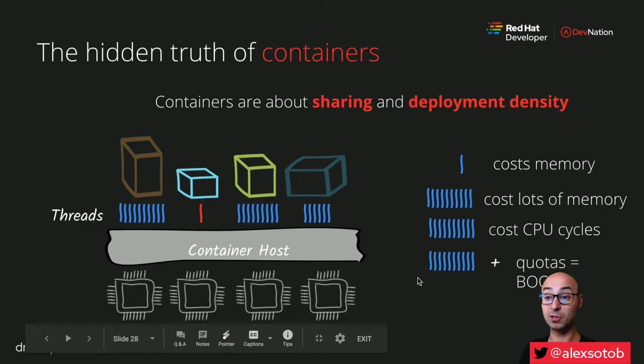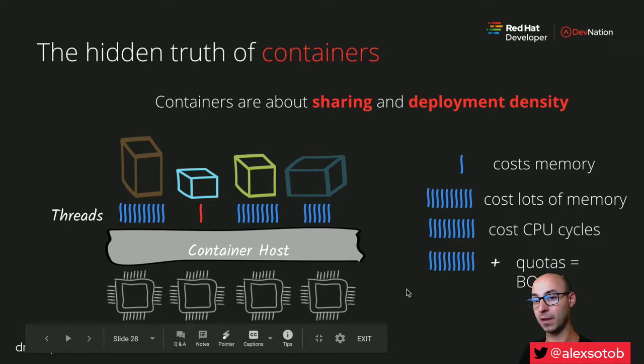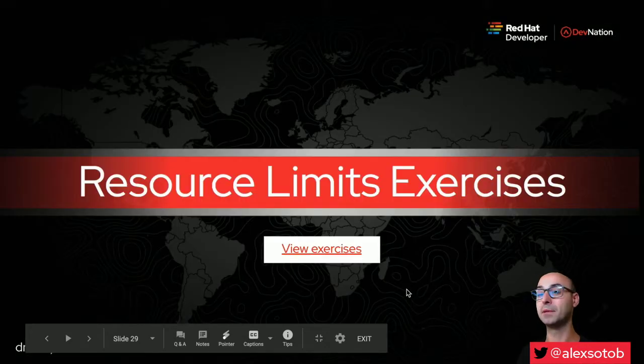And it means that we need to limit the amount of resources that they can use. Because if we said that one process can use all the CPUs of a container host, then you will not be able to deploy more services on this host. For this reason, it's really important to limit the resources.